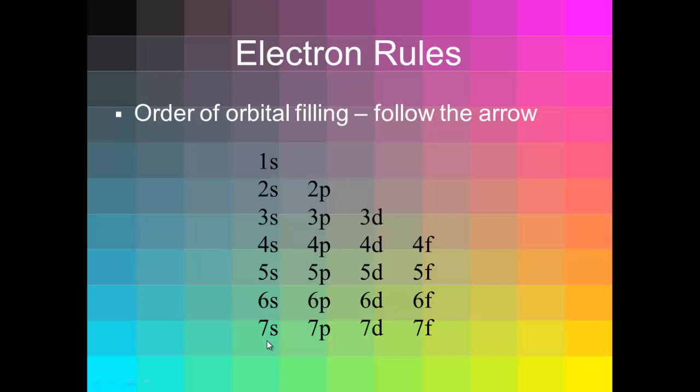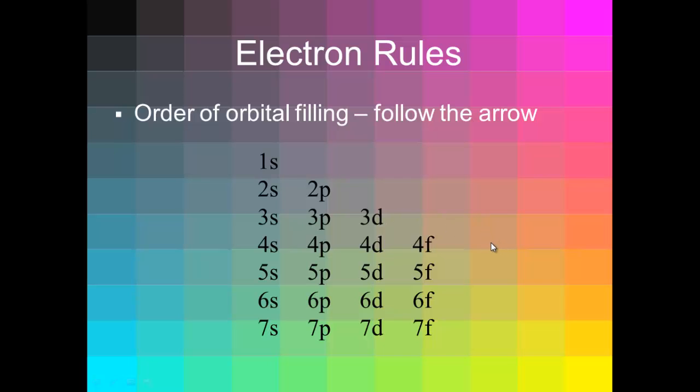Numbers 1 through 7, all on top of each other, those are all s's. Notice that the 2's are on the same horizontal line, 2s and 2p. The 3's are on the same horizontal line, 3s, 3p, 3d, and so on. So all the letters go in straight vertical lines, all the numbers go in straight horizontal lines.